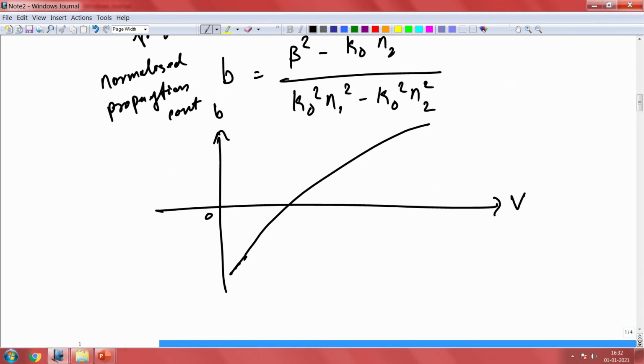This particularly happens for a certain V, right. So when, for example, the V number is less than a certain value, you will not have a feasible solution. You see physical or non-physical propagation constant.